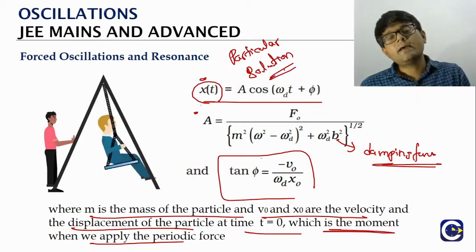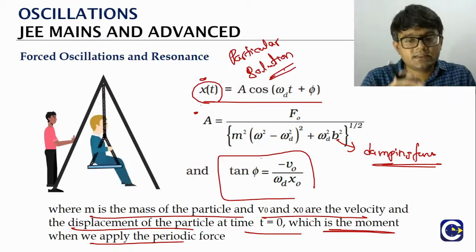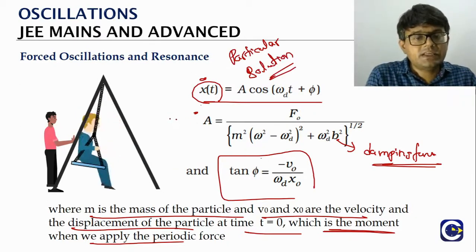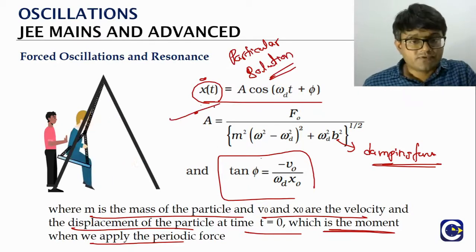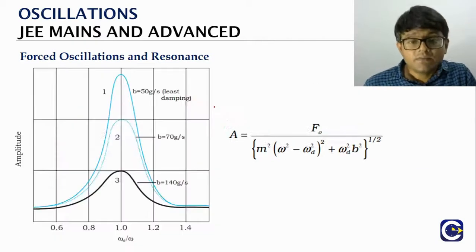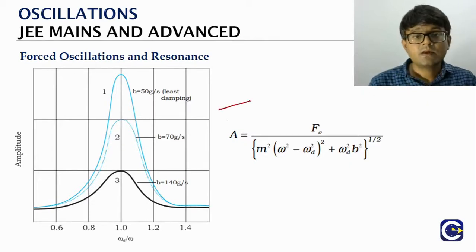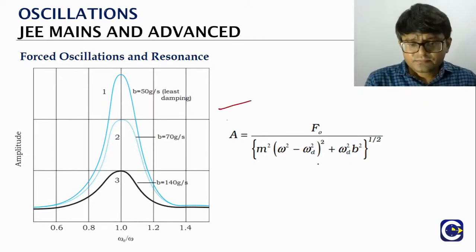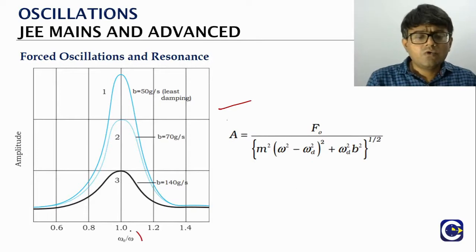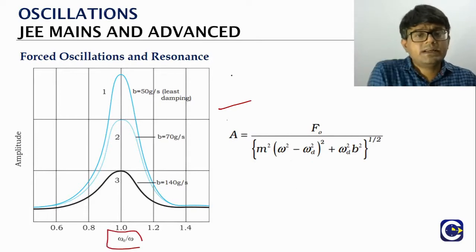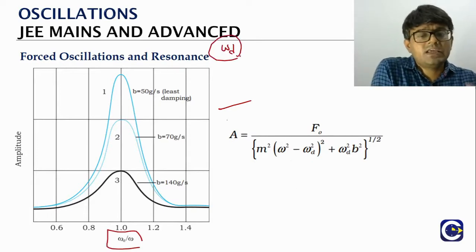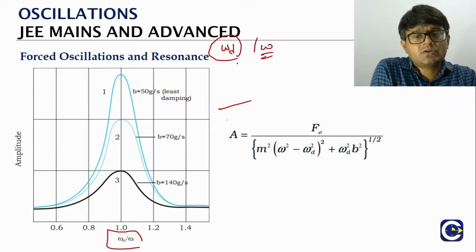So when we try to analyze the results of the solution that comes from the differential equation, we will be able to see clearly this amplitude. Omega d is the angular frequency of the applied force. Omega is the natural frequency of the body.